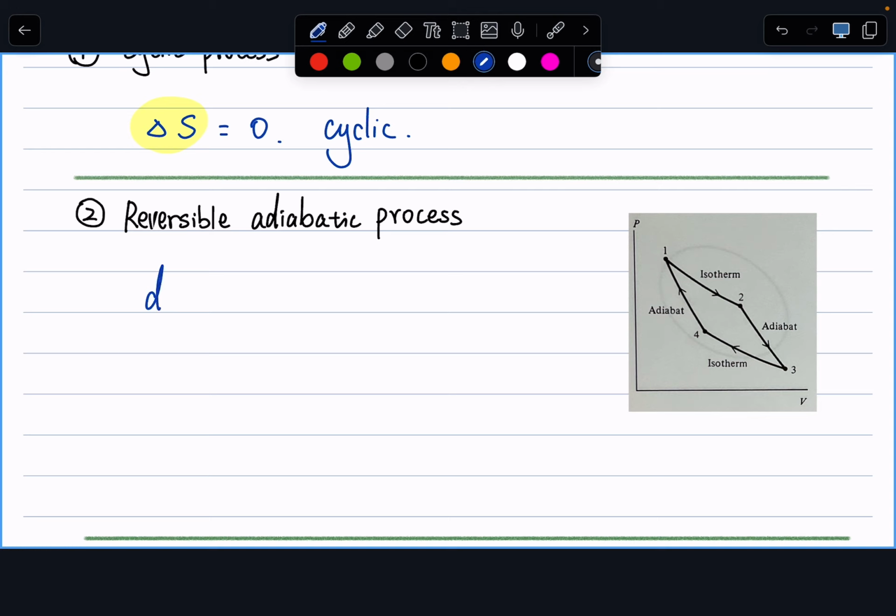We have ds equals dq reversible over T. And for my reversible adiabatic processes, what do we know about heat transfer? Q is 0. So in this case, my dq reversible equals 0 because it is an adiabatic process. And as a result, my delta S is also 0.